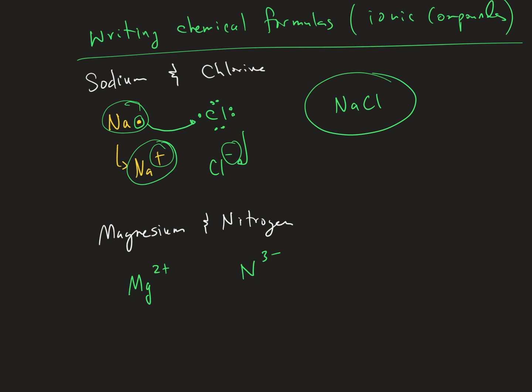Nitrogen wants to gain 3, no matter who it bonds with. Nitrogen is not going to say, hey man, I'll take your electrons, but only if I get 3 of them. Right? So how are these guys going to bond? This guy isn't even going to get rid of 3. Is that what you were wondering?